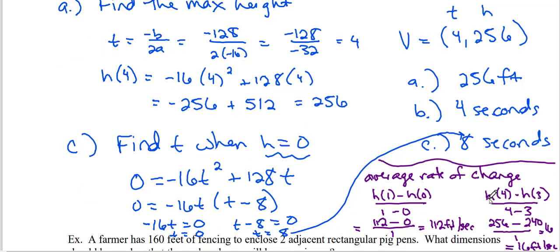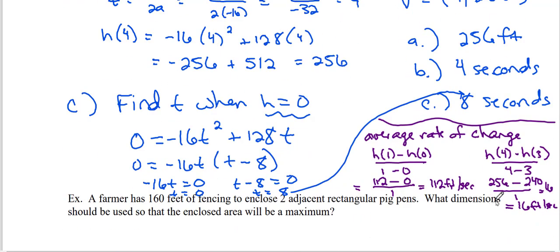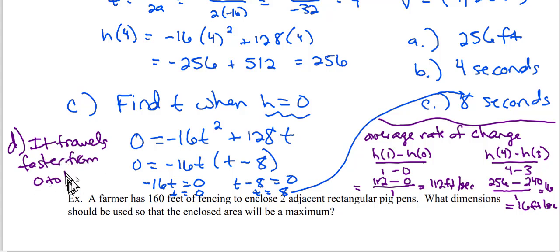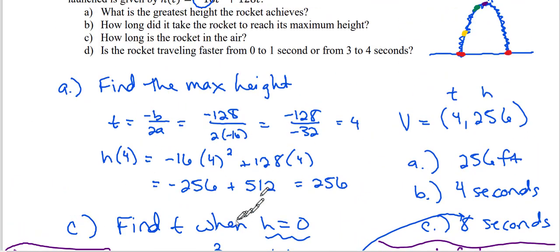Well, the average over that 0 to 1 time interval is 112 feet per second compared to the average over the 3 to 4 second is only 16 feet per second. So our answer here would be it travels faster from 0 to 1 second. I'm sorry you have to cram all that in there. I did not leave enough space for you to work on that problem, did I?